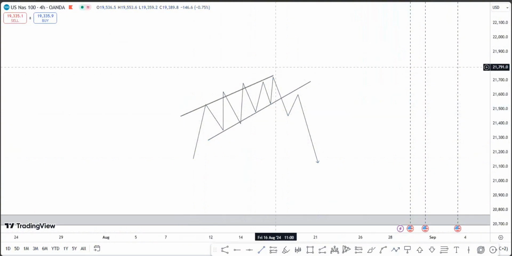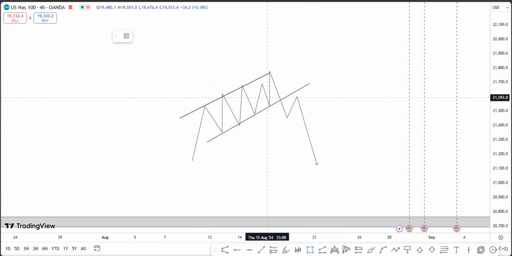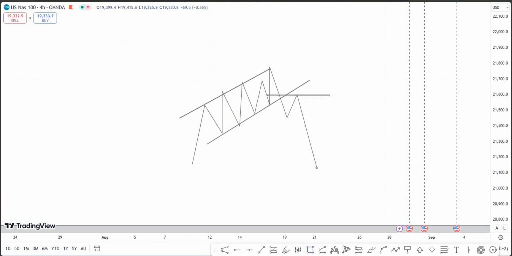Guys, I told you guys I don't know how to draw, but at least I've tried. So I want to show you first.